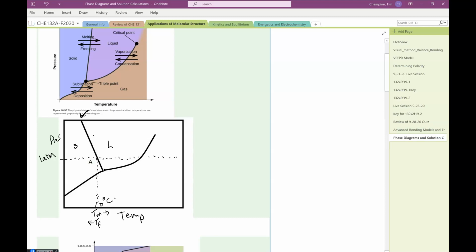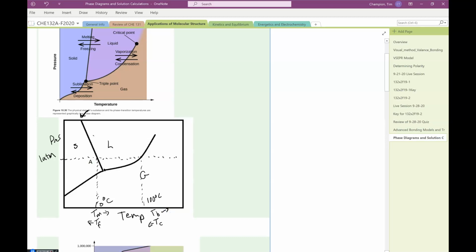If we go across on the liquid, eventually we reach the liquid-gas line, so this is gas over here, and that point, of course, is 100 degrees Celsius, which is the boiling point of water, or the condensation point if you're going back in the other direction.